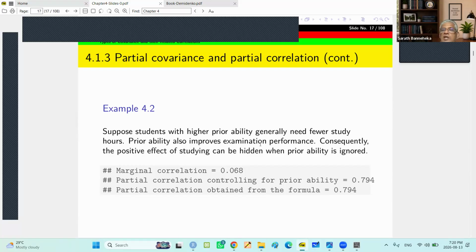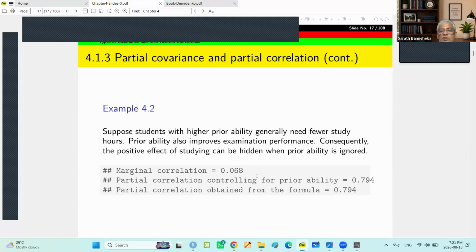So here again, I have some generated data because these are not theoretical things. If you want to talk about theoretical values, we need to have some idea about their joint distributions as well, right? So suppose the marginal correlation between marks and the amount of studying in this case is 0.06, very weak. Why is that?